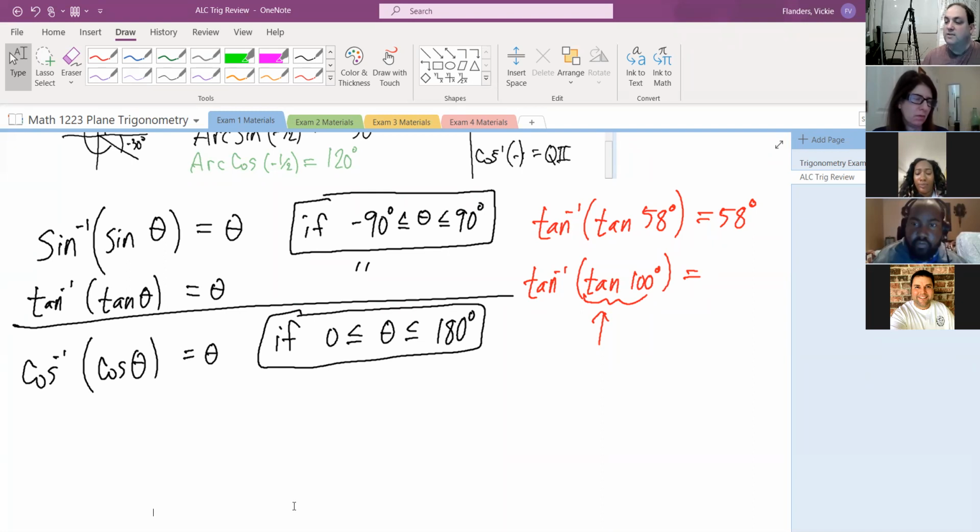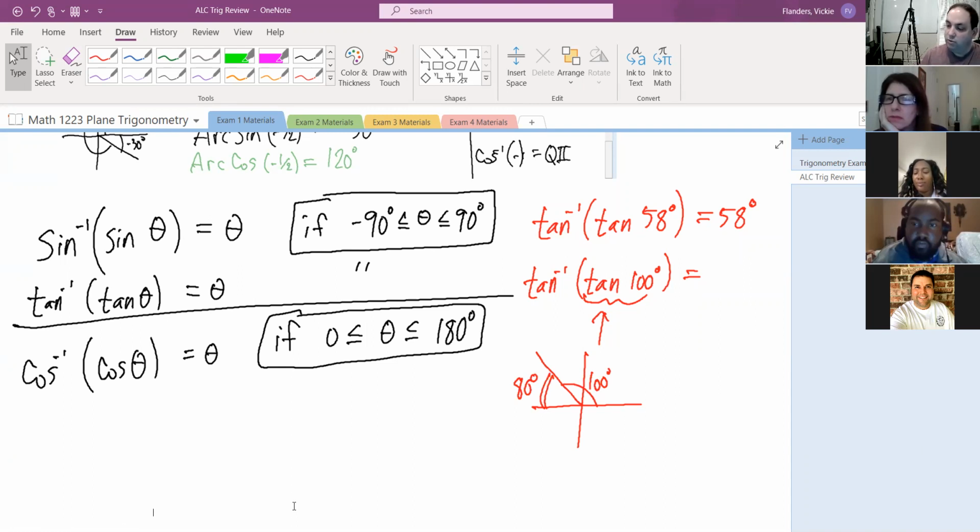Well, what's the reference angle here for 100 degrees? 100 degrees has a reference angle of 80, right? If I graph out 100, the reference angle over here is 80 degrees. And we're doing the inverse tangent of that.